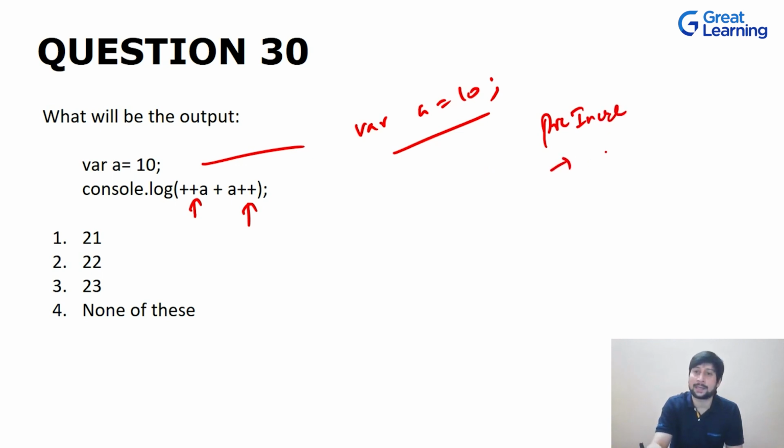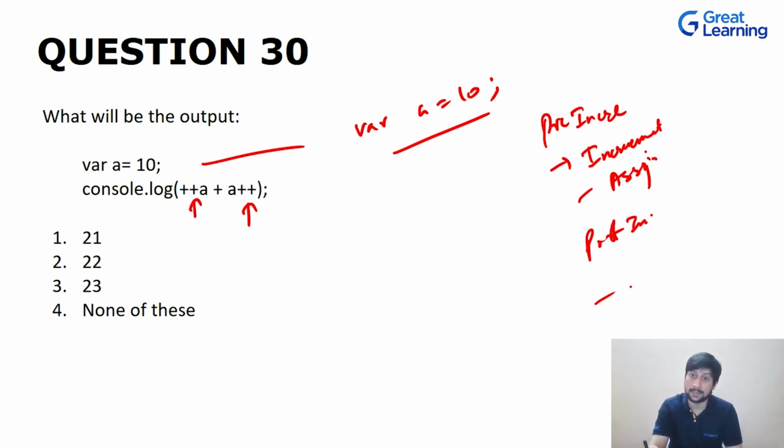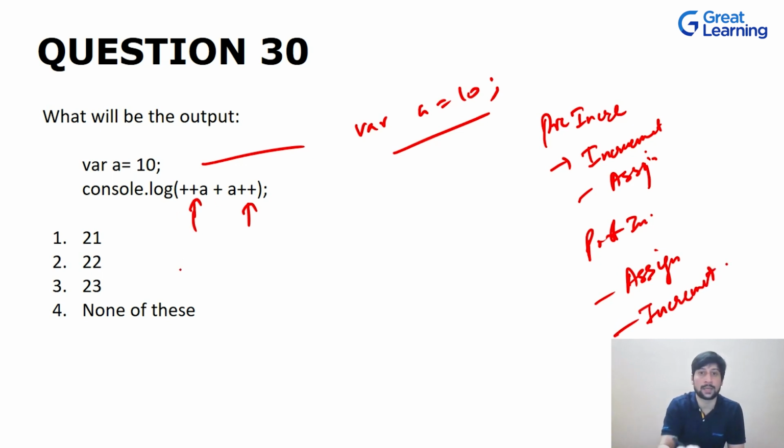Pre-increment says first increment the value and then assign it. But what happens in post-increment? Post-increment says first assign the value, then do the increment, right? So we have both of these used over here.